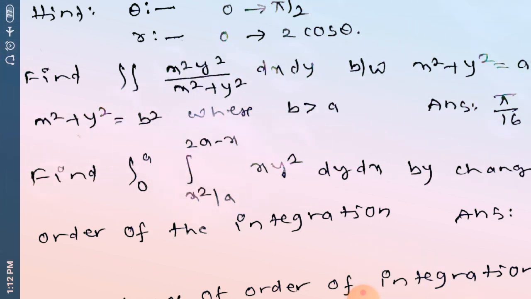In the lower part you draw one horizontal strip, and in the upper part also you draw one horizontal strip, and find out the x limits. In the lower part the x limits are 0 to root ay, and y limits are 0 to a. Similarly in the next part, x limits are 0 to 2a minus y, and y limits are a to 2a.